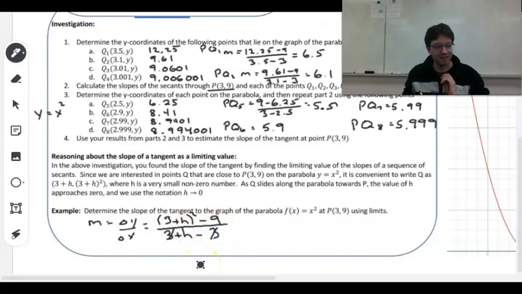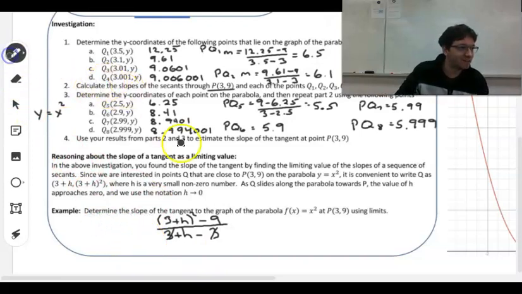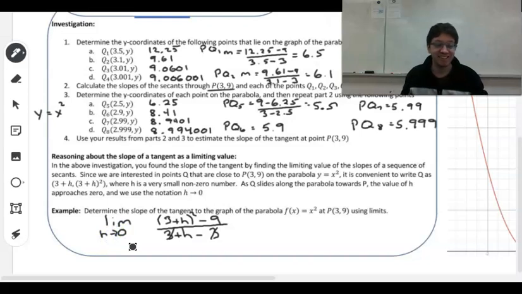Now, what we're going to do is to figure out exactly what that slope is. I'm going to introduce some new terminology here. I'm going to write it as a limit where h gets closer and closer to 0.